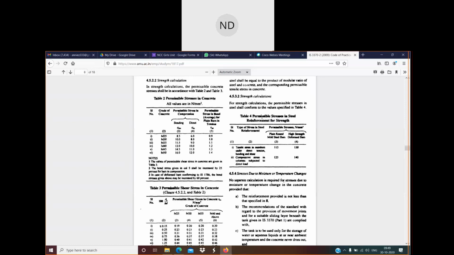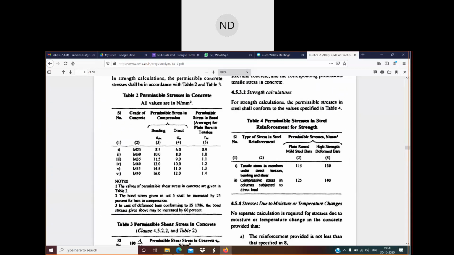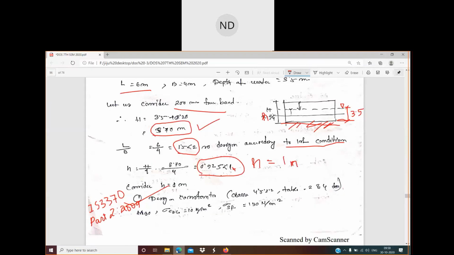Table 2 and table 4 here. Okay, so here you see, design of clause number 4.5.2.2, table 2 and 4.